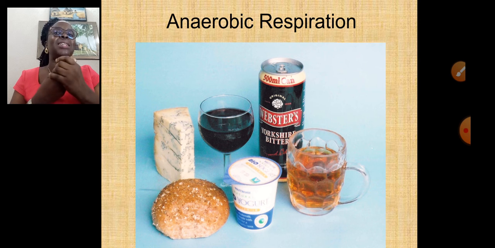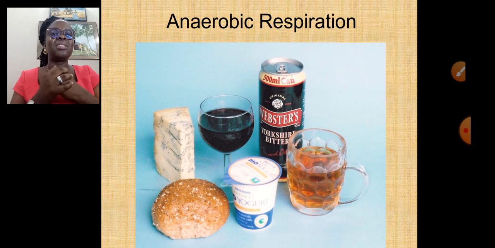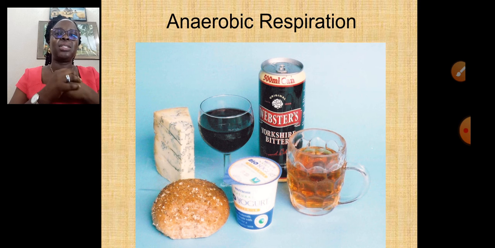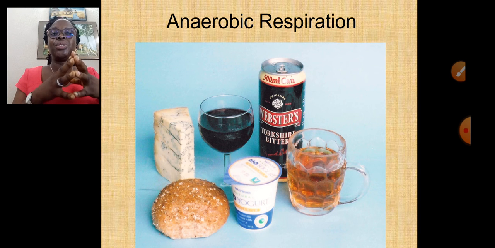At the end of your aerobic cellular respiration, you normally have 36 to 38 ATPs. While for your anaerobic respiration, it's the breaking down of glucose in the absence of oxygen. Energy produced there is relatively very, very low.